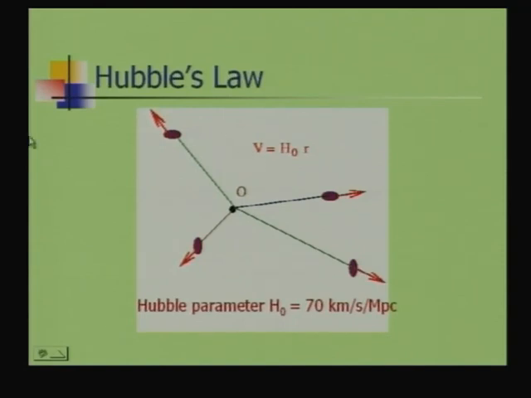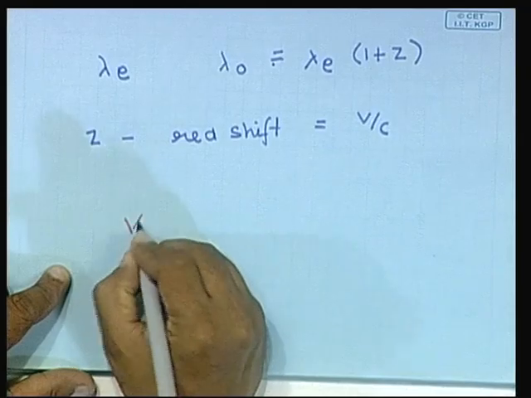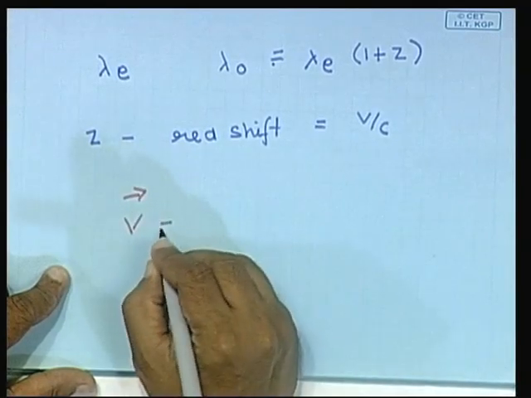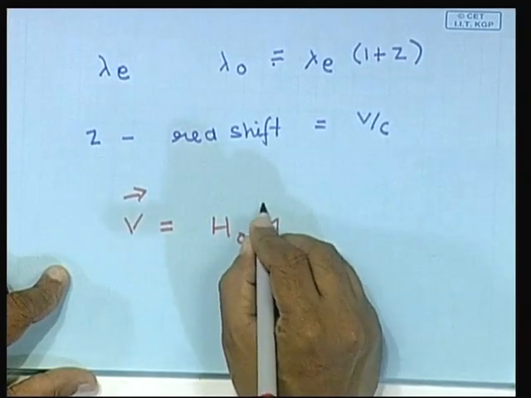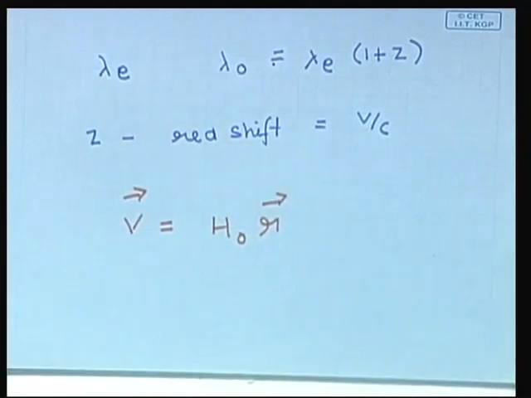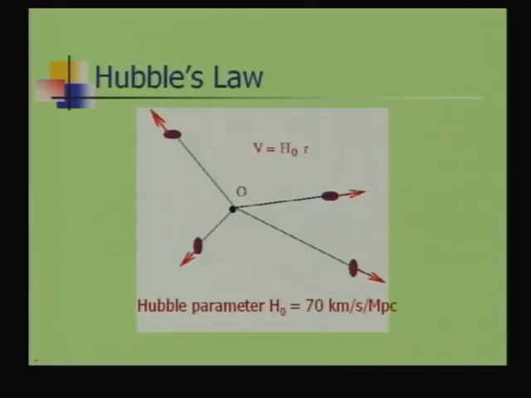So we will interpret Hubble's law to mean that every galaxy has a motion which is radially outward and proportional to the distance. We are making it a vector law, and this constant of proportionality is the Hubble parameter.